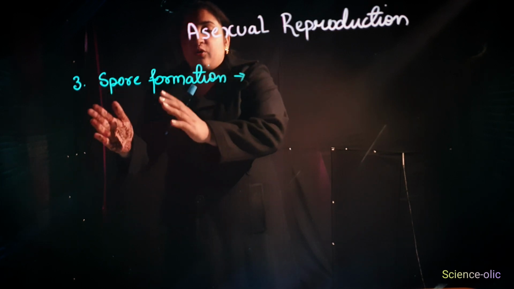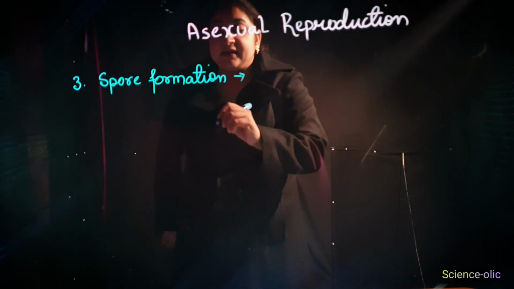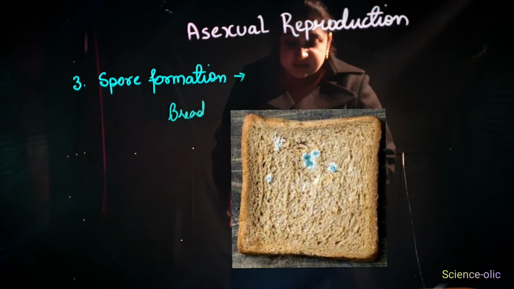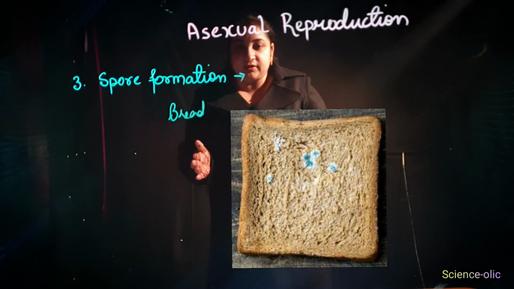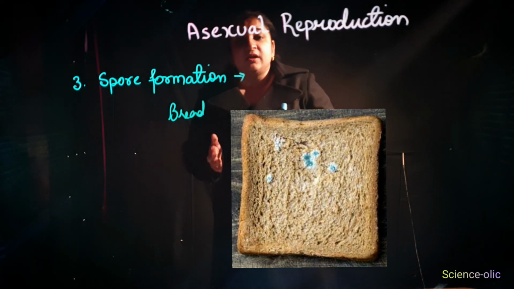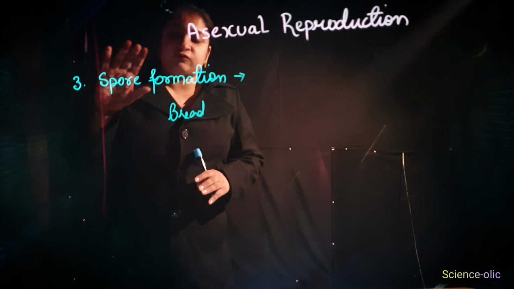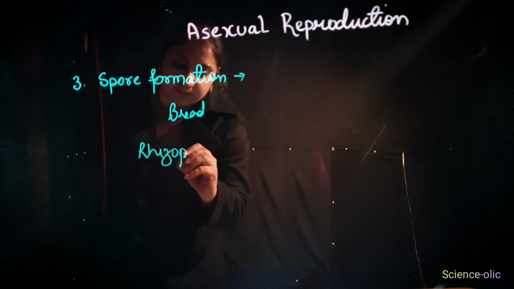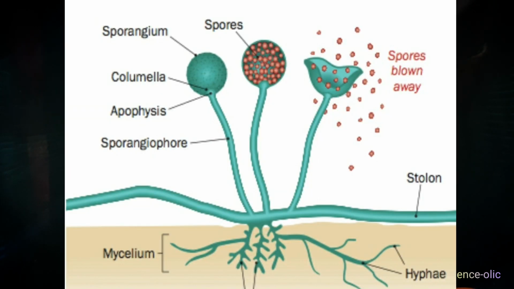Number third is spore formation. Its example is bread. You are seeing this image. In this image, the bread is left out for 3-4 days and spores are formed on it and it turns brown. Rhizopus causes spore formation. Biggest example is rhizopus. Here you are seeing the image of rhizopus. It consists of spores and sporangium.